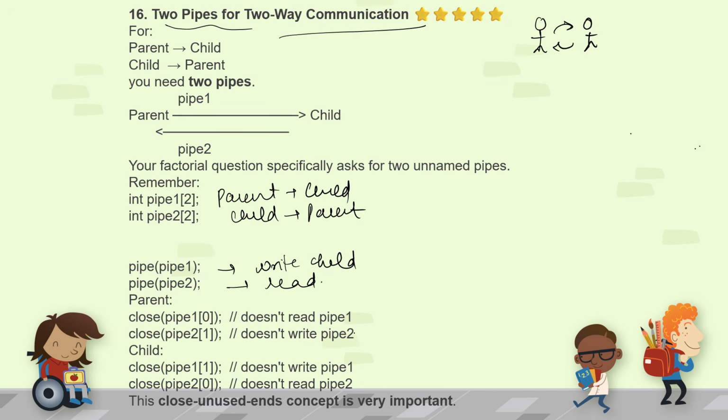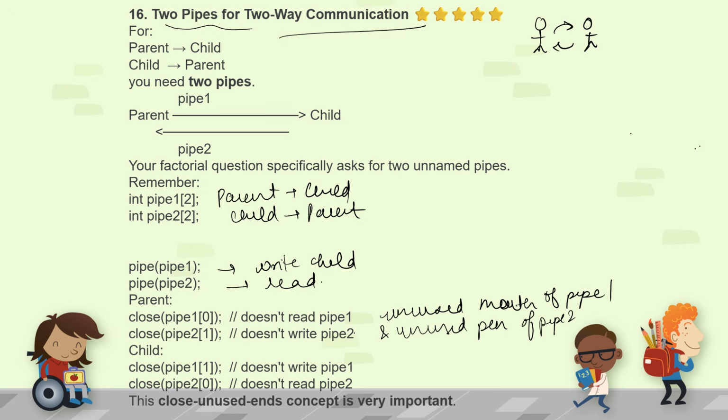Therefore, the parent closes the unused mouth and the unused pen of pipe 2.